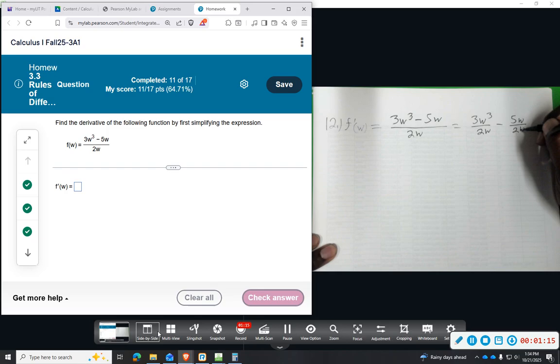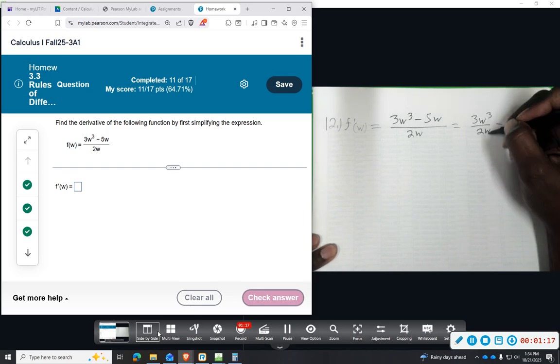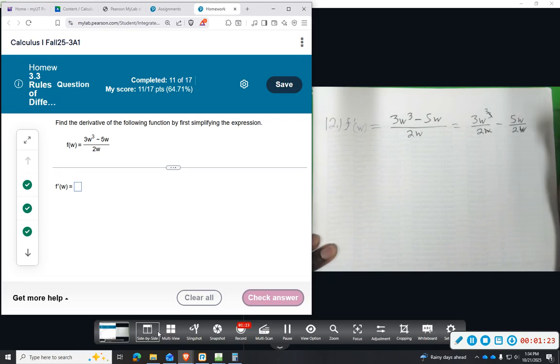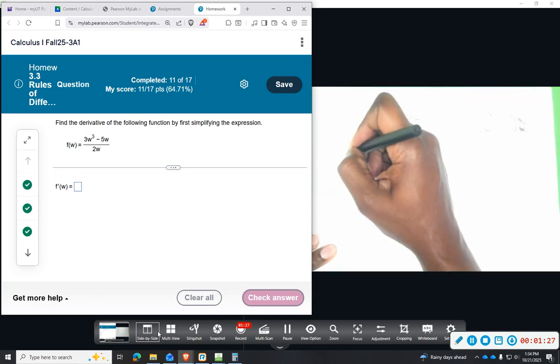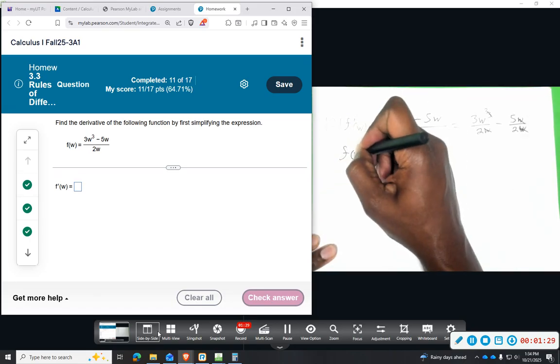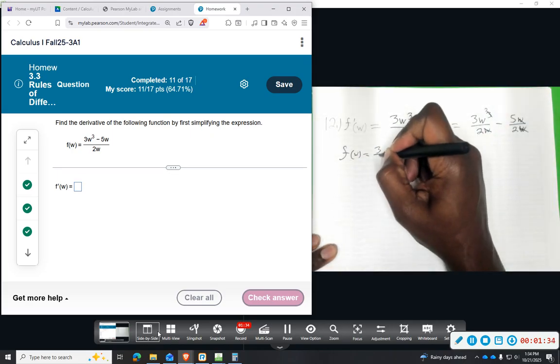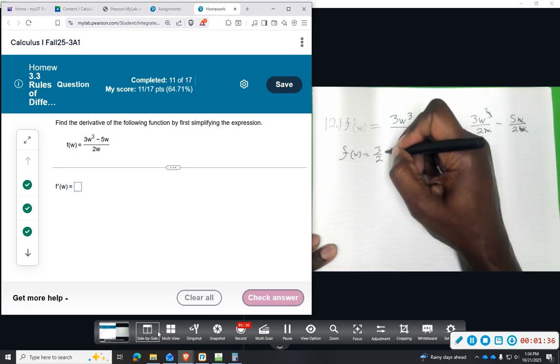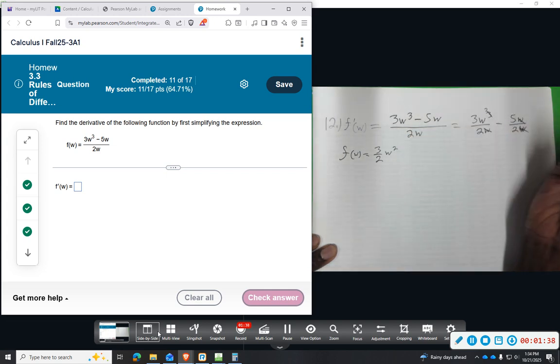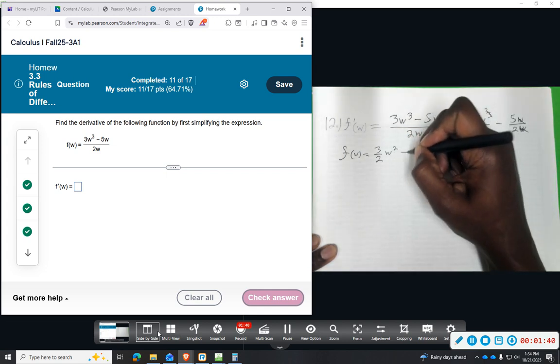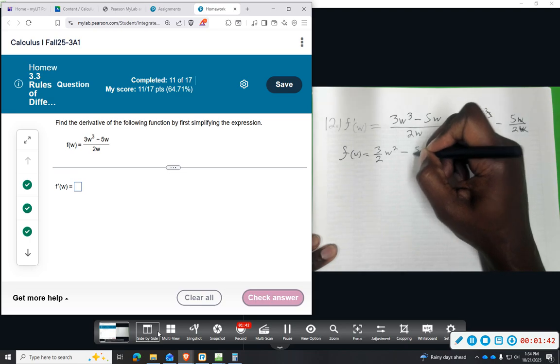Like this, we will cancel out a w from each one, so we can take away one w and that'll leave us with 2, and get rid of the w from both of those. So f of w is going to be equal to 3 over 2 times w squared minus 5 over 2.